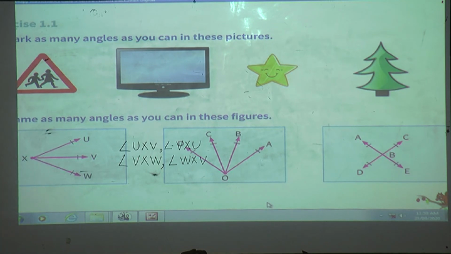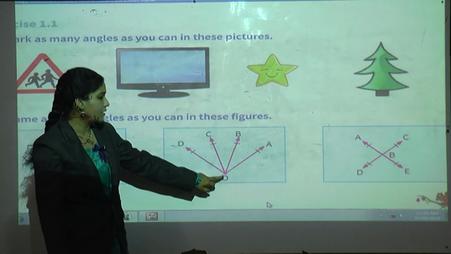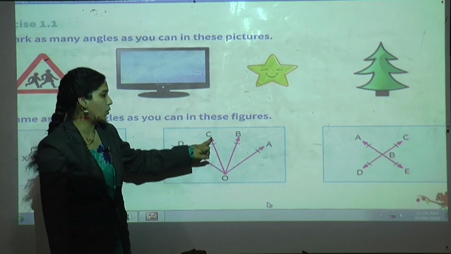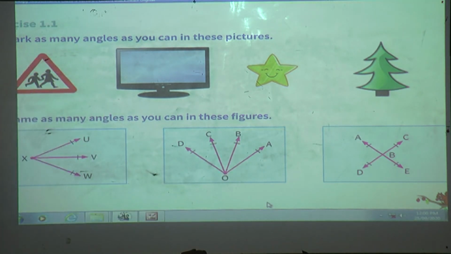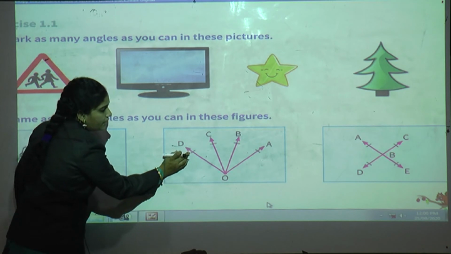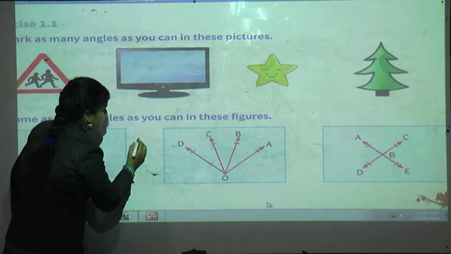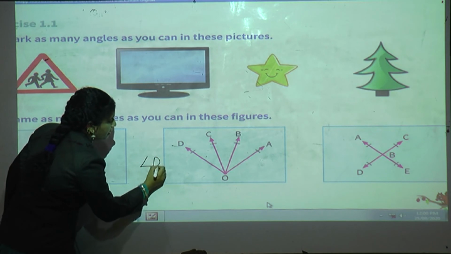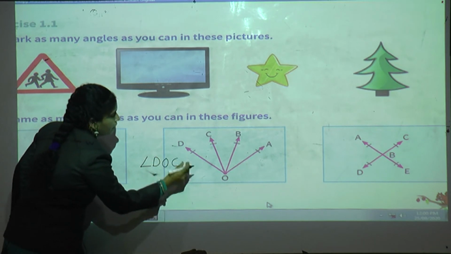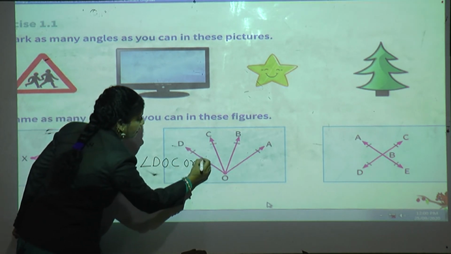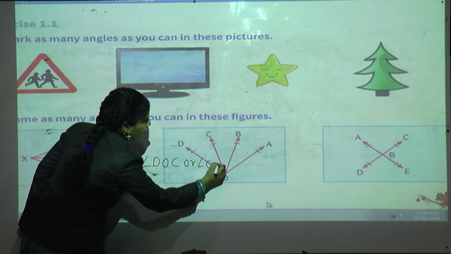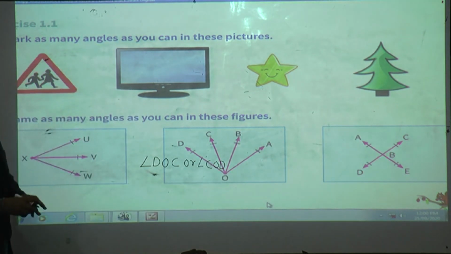Now, second figure. Here are also so many rays: ray OD, ray OC, ray OB, ray OA. Now, students, here are some angles. Angle BOC. Again, we can write angle COD or angle COB.